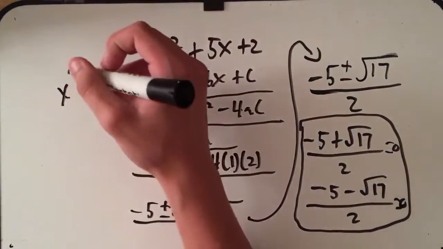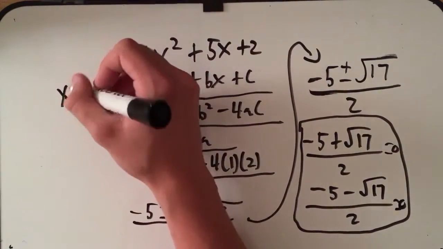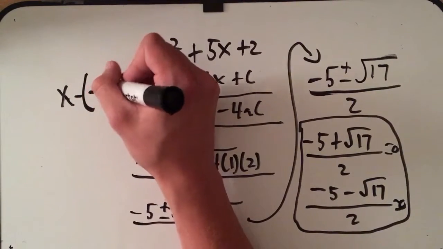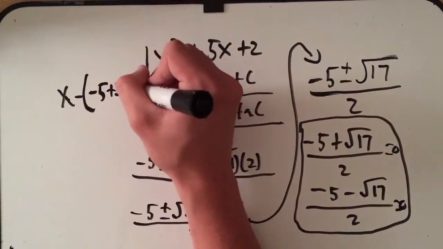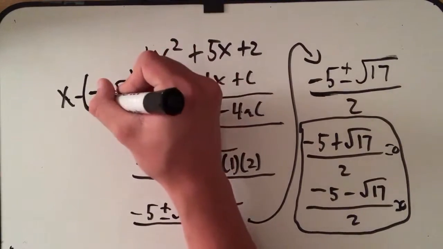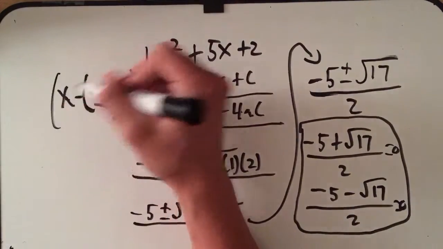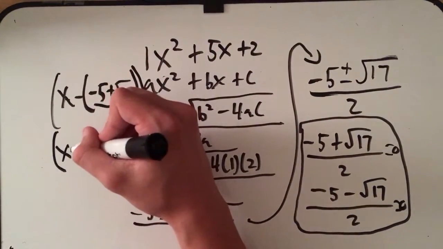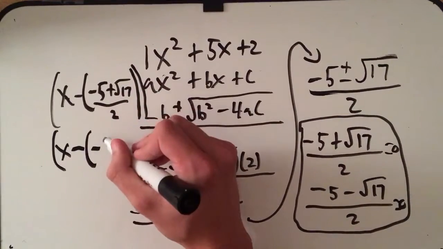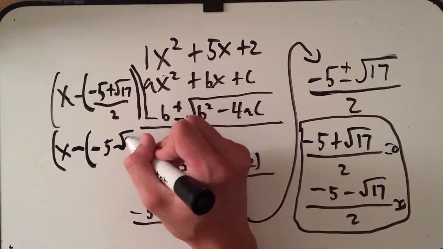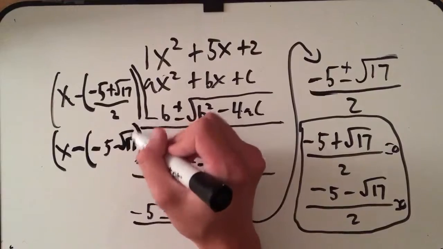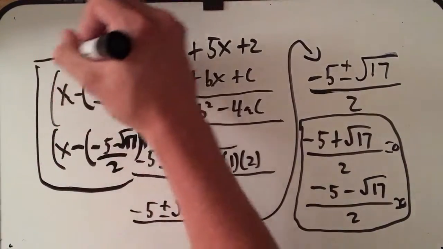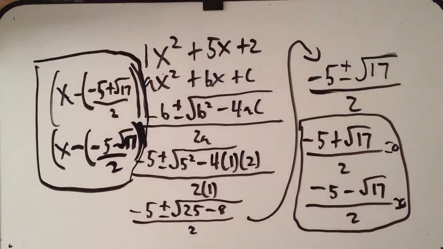So that would be x minus negative 5 plus root 17 over 2, and then that would also be x minus negative 5 minus root 17 over 2. Those are also your other two answers that it could be, depending on what you're trying to find.